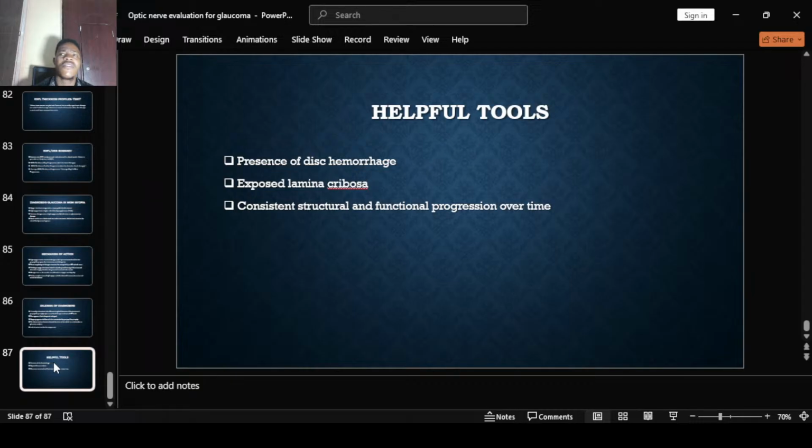So when we see a myopic disc and then the presence of a disc hemorrhage, then we are saying that probably it is glaucoma. And also an exposed lamina cribrosa could be indicative of glaucoma. And then finally, a consistent structural and functional progression over time.